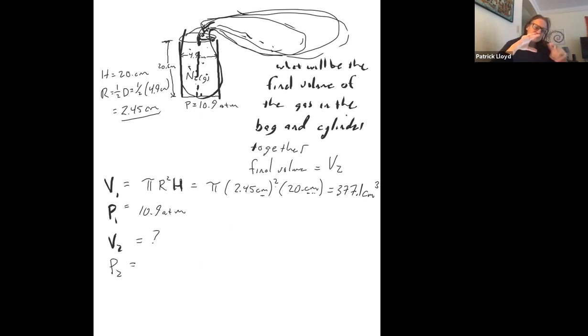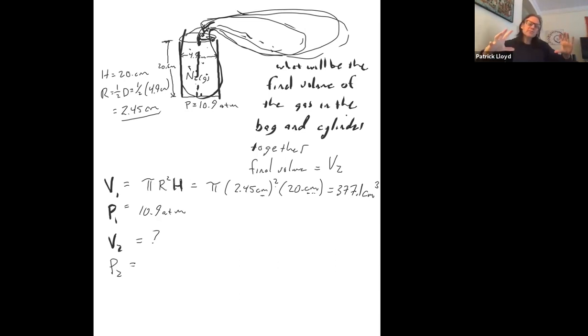A balloon is a cool device because it has a flexible membrane holding the gas in, right? Here's what happens when you blow into a balloon. You're pushing in air because the pressure inside your lungs is greater than the pressure of the air around us, the atmospheric pressure.